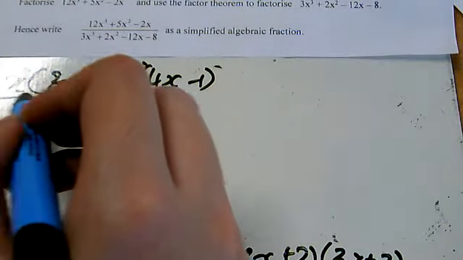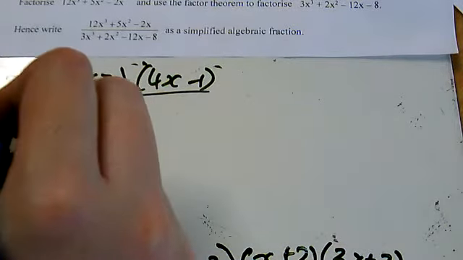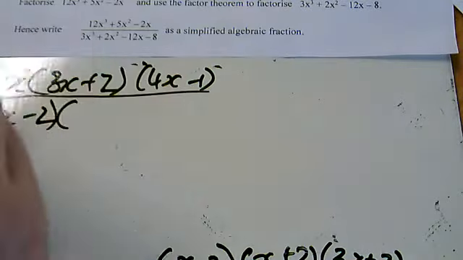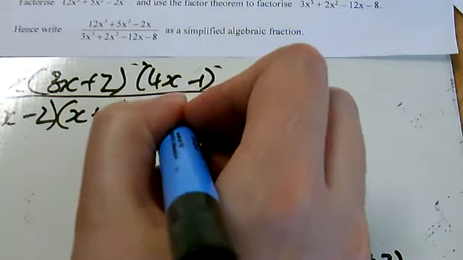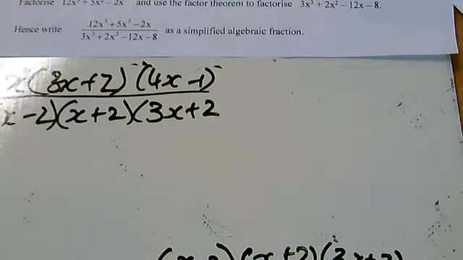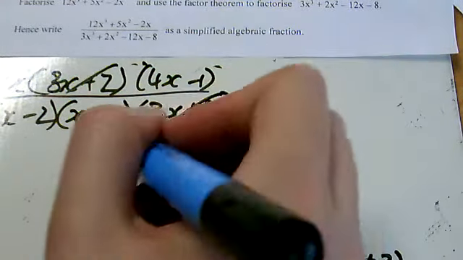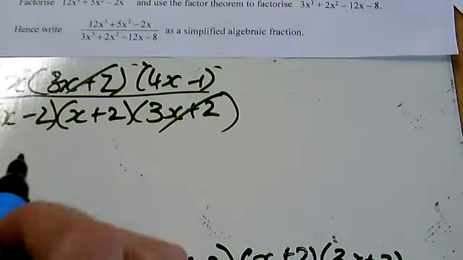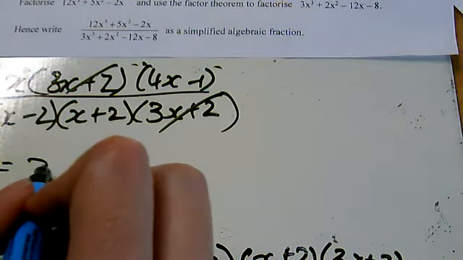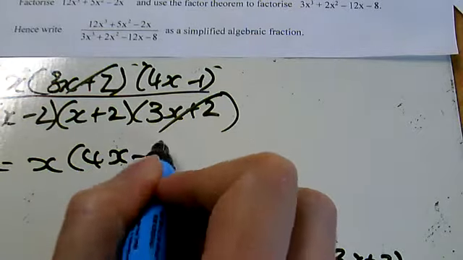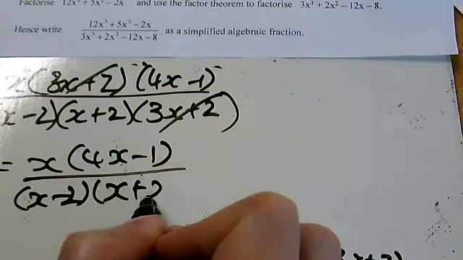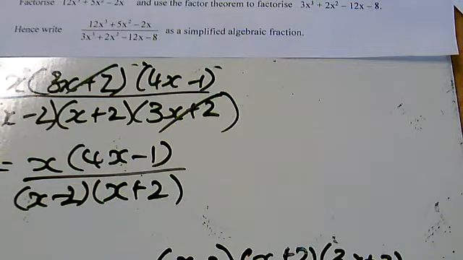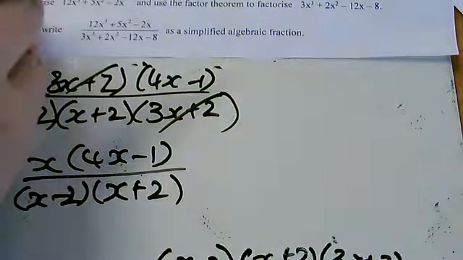The denominator we've just factorised a second ago, so that's x minus 2, x plus 2 and 3x plus 2. Can cancel out a bracket of 3x plus 2, but that's it. So that's just going to leave me then with x times 4x minus 1 over x minus 2, x plus 2, and we're done. So I'll just take that away.